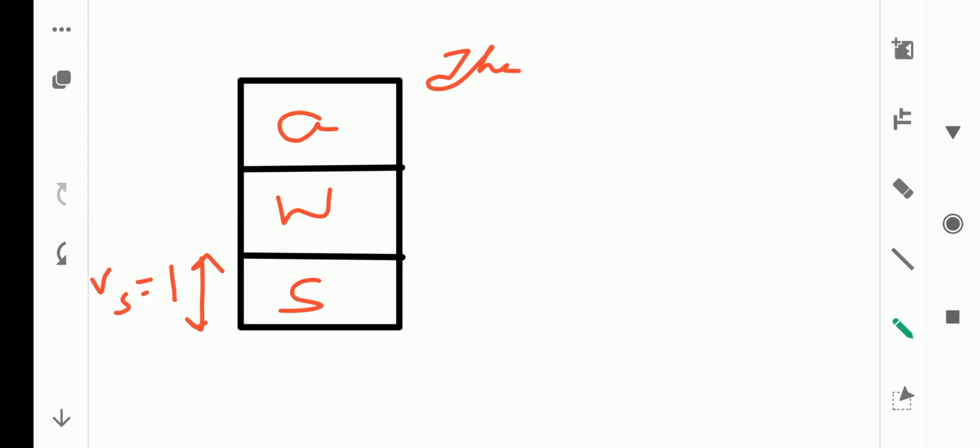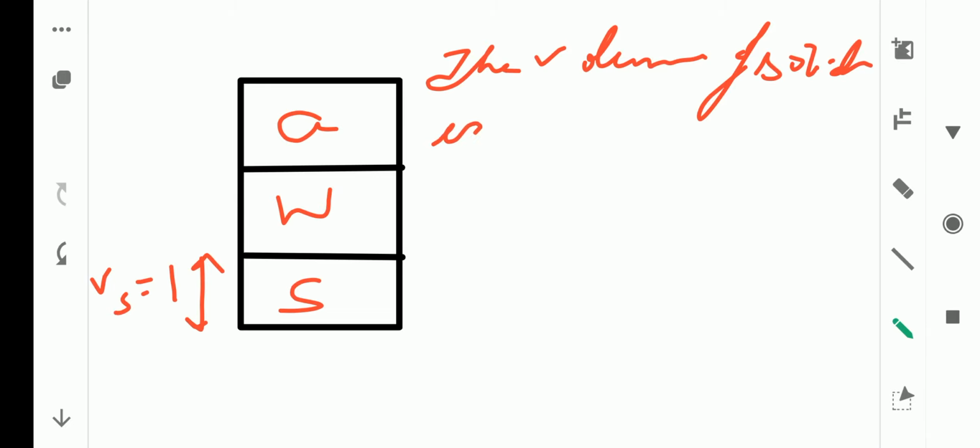That is, the volume of solids is taken as unity. This is what we have considered. Now let's begin.